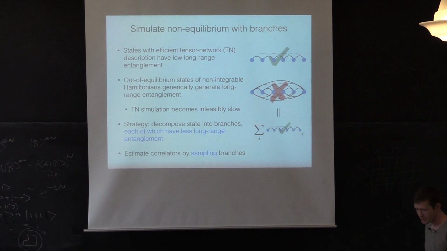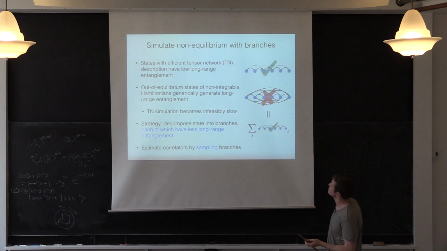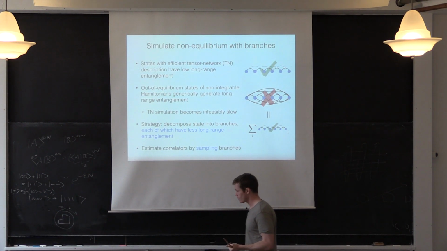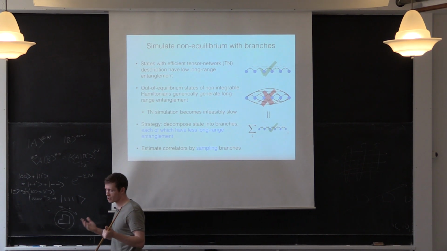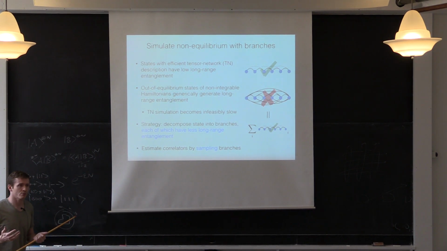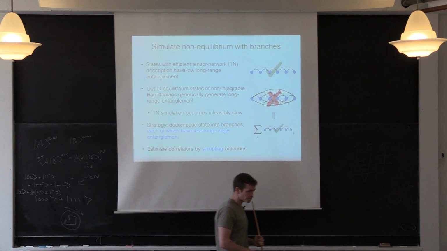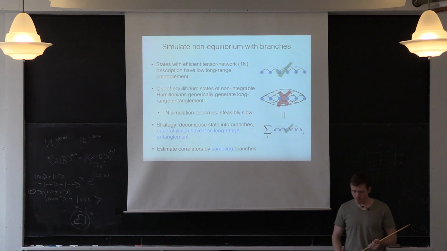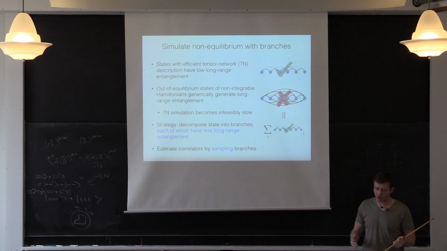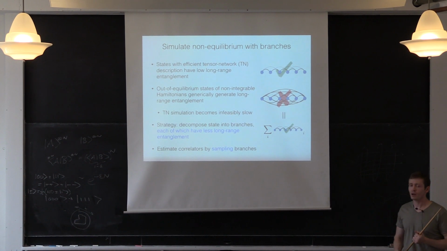So what is the idea here? We know that tensor networks, and especially, I'm always going to be thinking about MPS states, matrix product states, which is a special case of tensor networks on a chain, in one dimension, where everything is easiest. This is the only thing we really know a lot of stuff for sure. We know that most states in Hilbert space don't have an efficient tensor network description.